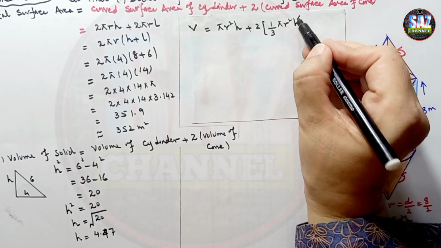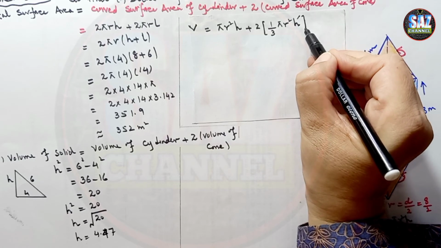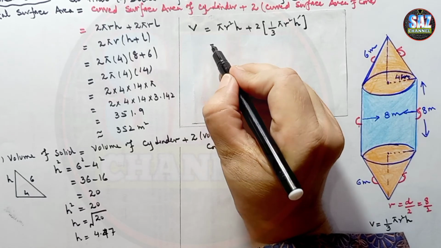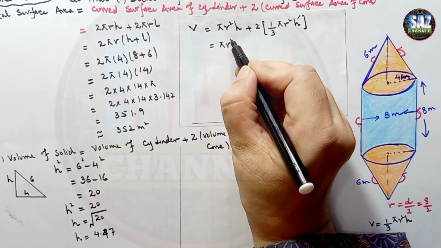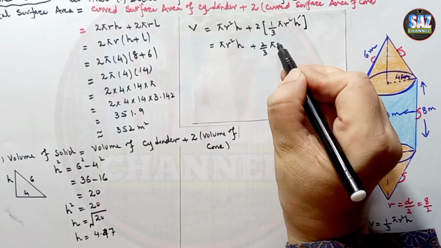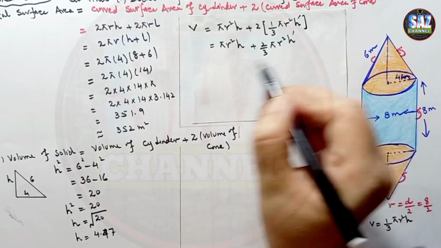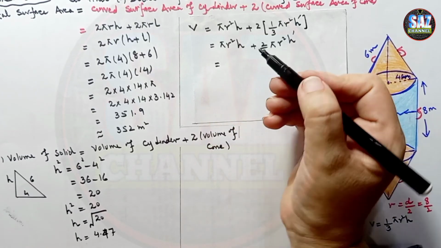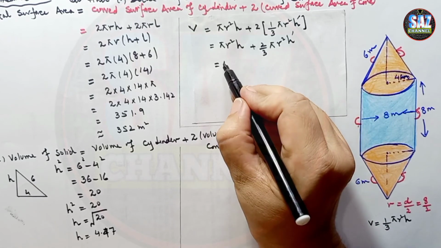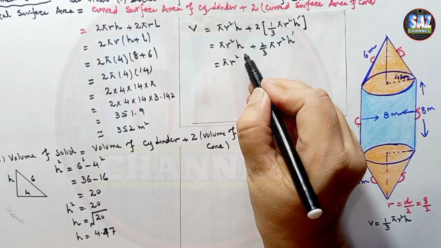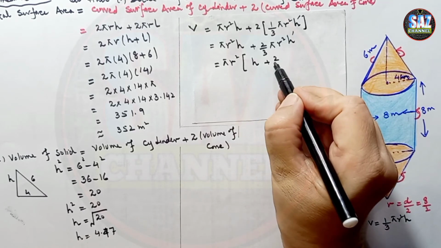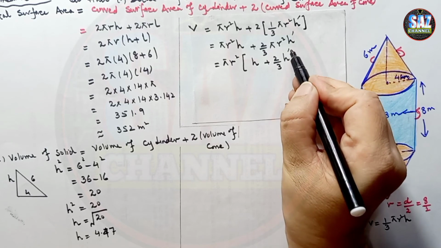So let's make some difference, because one is the height of cylinder and the other one is the height of cone. Okay, now the formula can take the form pi r square h plus 2 by 3 into pi r square and h dash. Now what we can do is that here we can see that this pi and r square is same, common. I can pull it out, and inside the bracket I will have h plus 2 by 3 into h dash.